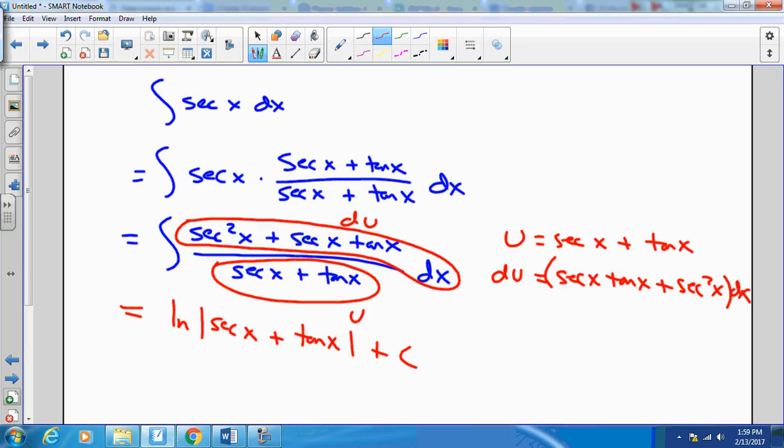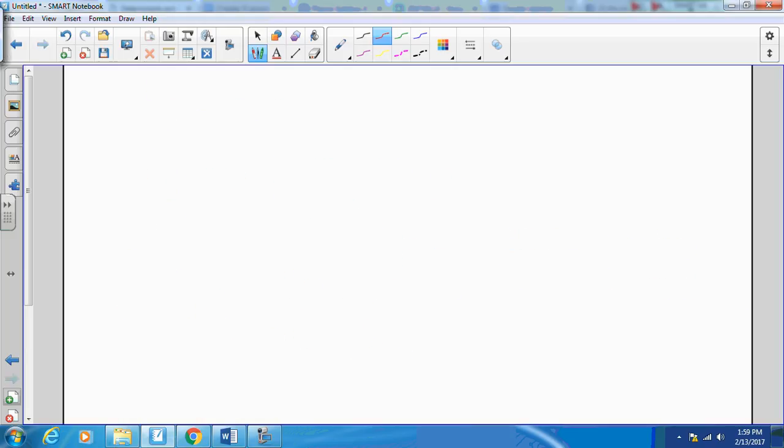Let's try cosecant, the antiderivative of cosecant. What do you figure might be a clever thing to multiply by here? That makes a whole lot of sense.